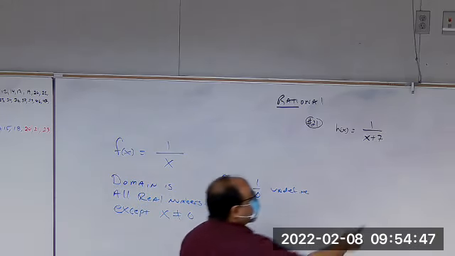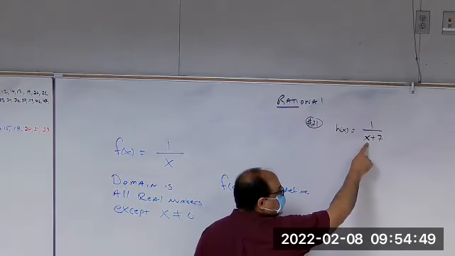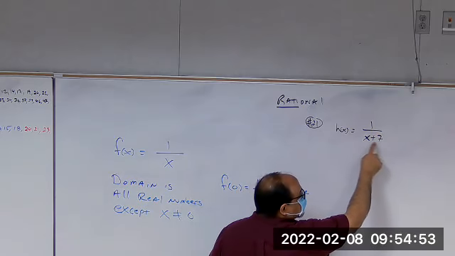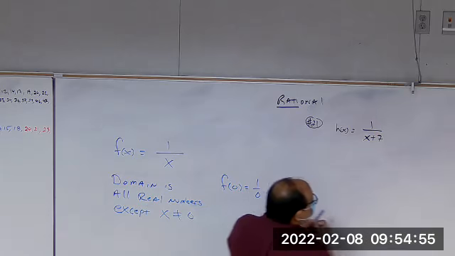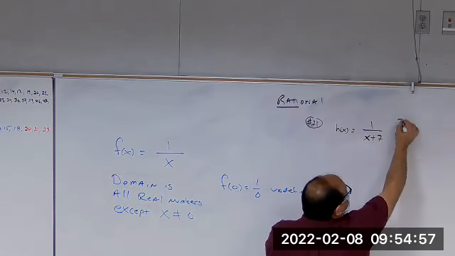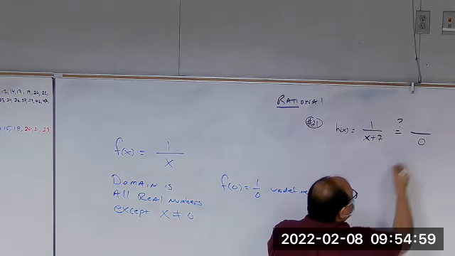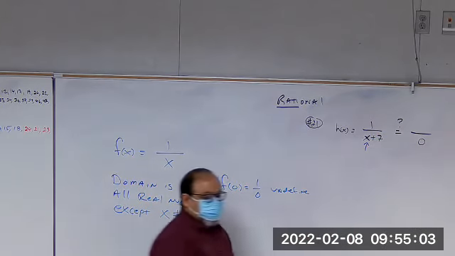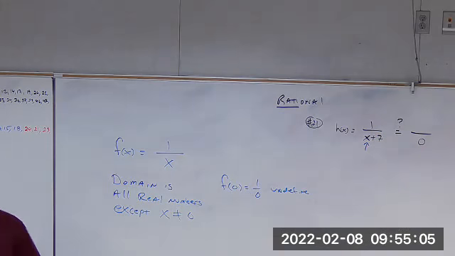This is not 1 over x, it's 1 over x plus 7. What could possibly make this x plus 7 equal a 0? What might make a 0 down here if you plug something into that x? What would you plug in? -7.